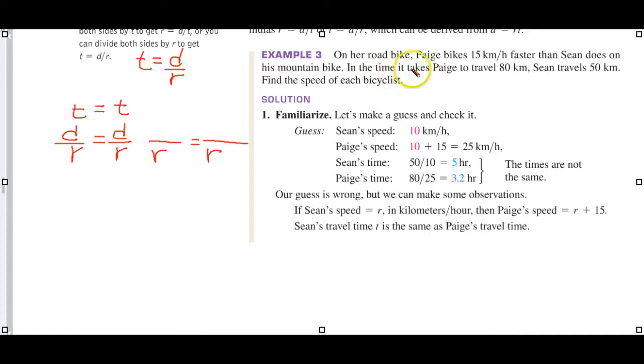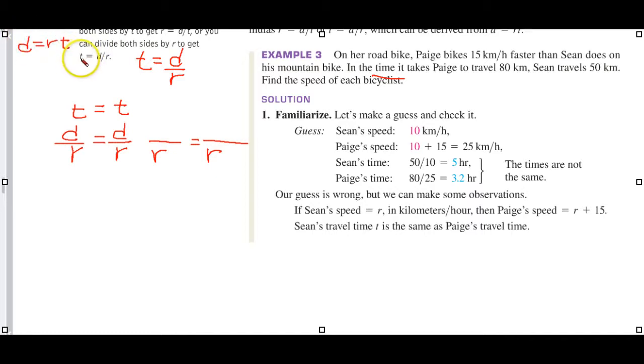So I've read it over and decided what is the same in this example. And what is the same is the time. So I'm going to the distance formula. Distance equals rate times time.